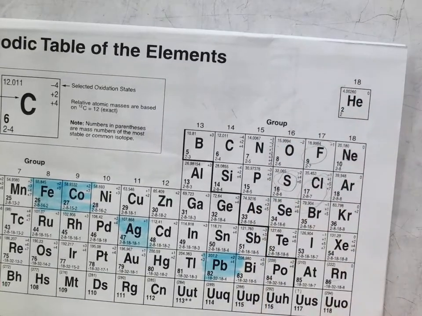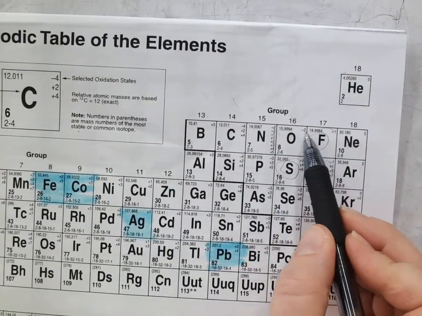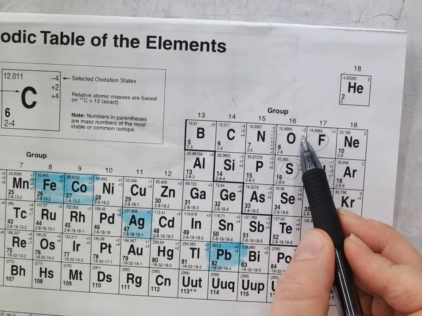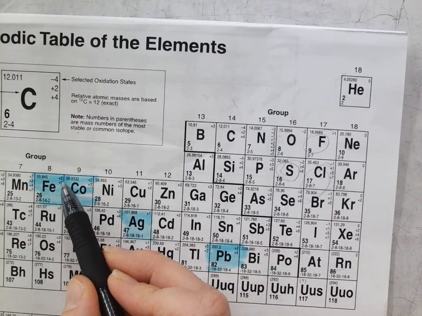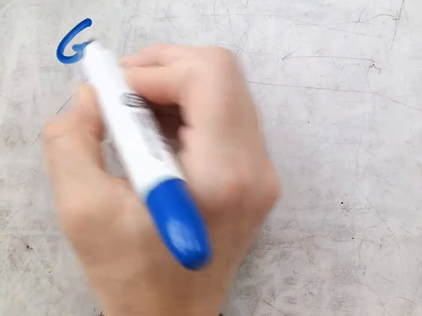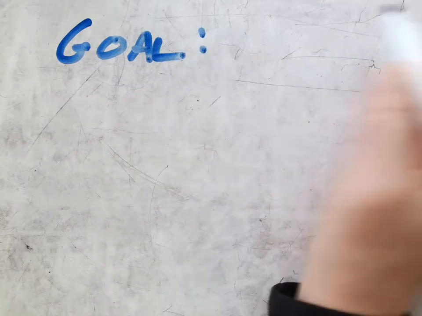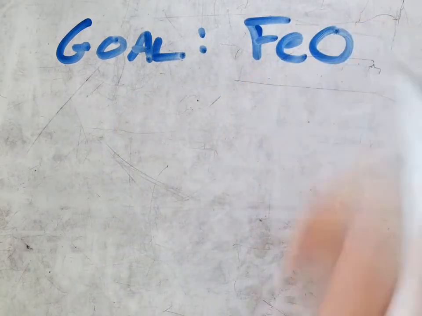And it takes a little bit of detective work. Oxygen has a -2 charge, and iron could be +2 or +3. And I have to remember my goal. What's my goal? My goal is to name the compound FeO.